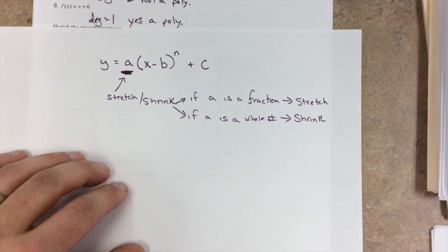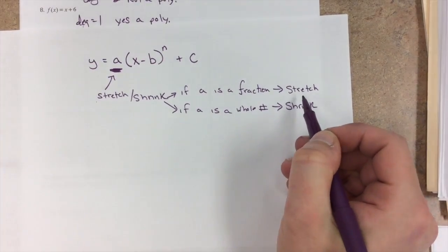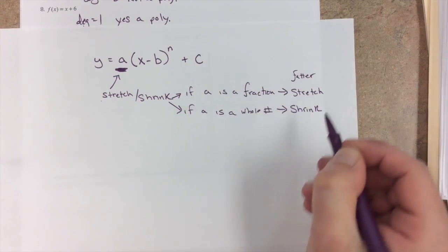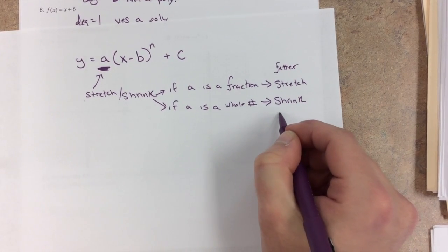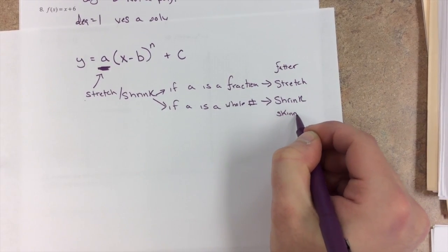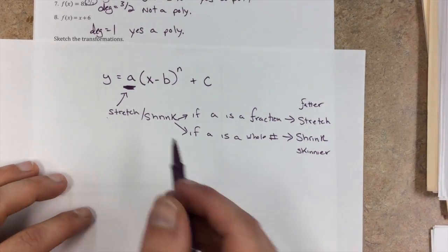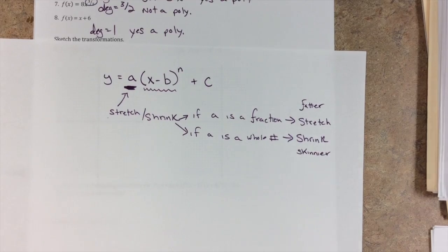If these two terms are confusing, stretch is another way of saying the graph is going to get fatter. Shrink is another way of saying the graph is going to get skinnier. Let's look at the next bit. Let's switch colors.